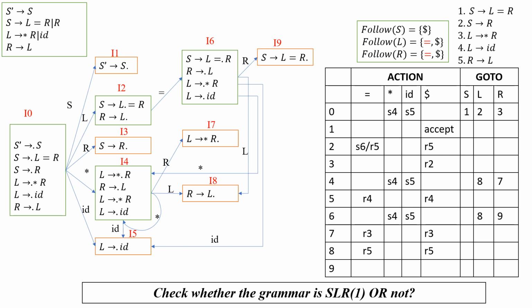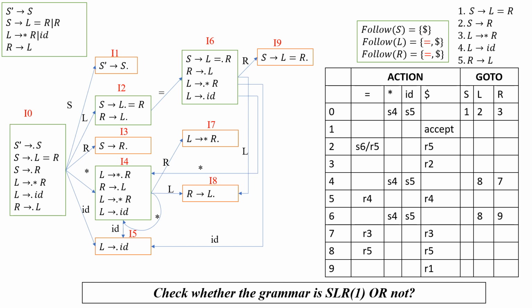Now, the important concept is after constructing this table. What is my question? We have to check whether the given grammar is SLR1 or not. Now I can conclude this grammar is not SLR1. Why? Come to this canonical collection of items.